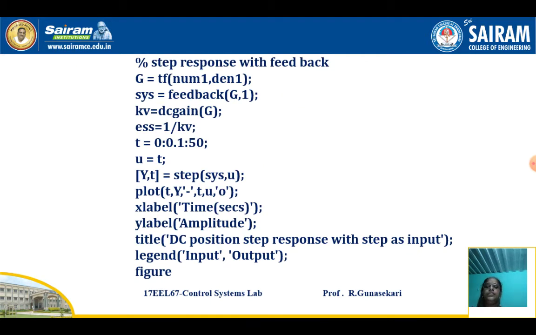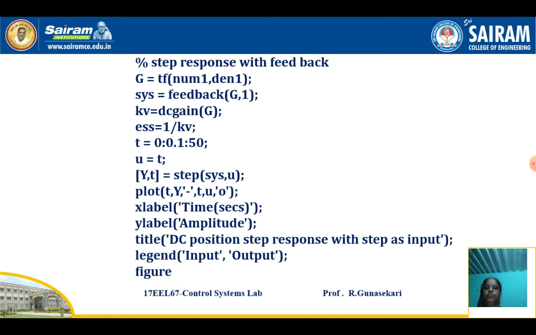This is the second one, step response with feedback. The same numerator and denominator, but we have to give the feedback, DC gain, steady state ESS, and then time, which you previously set 0 to 0.1 to 50, that means 0.1, 0.2 like this. Then U is equal to T. So Y comma T means x-axis is time, y-axis is amplitude.